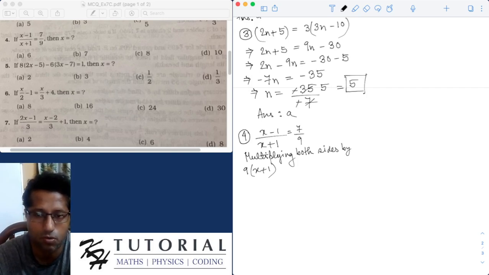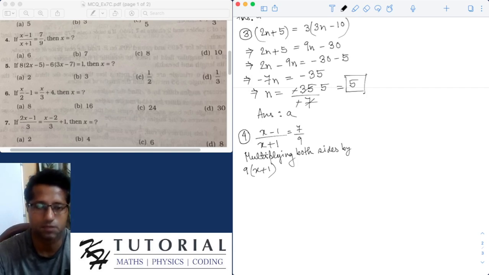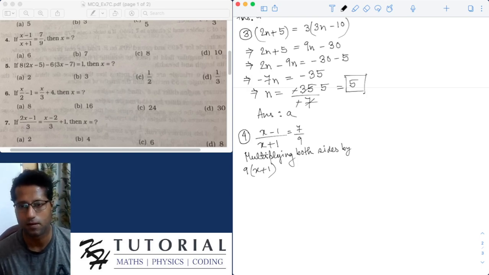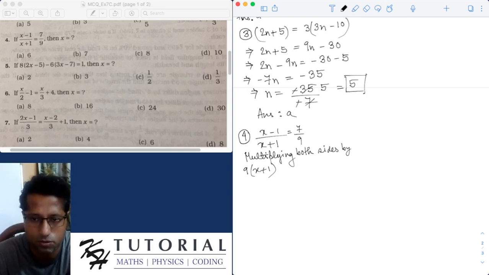We never have 0 in the denominator. So in this problem, x plus 1 can never be 0. If x plus 1 is not 0, then definitely 9 into x plus 1 will never be 0. So we are essentially multiplying by a non-zero number which has a variable, but that's not a problem. We can multiply this to both sides.